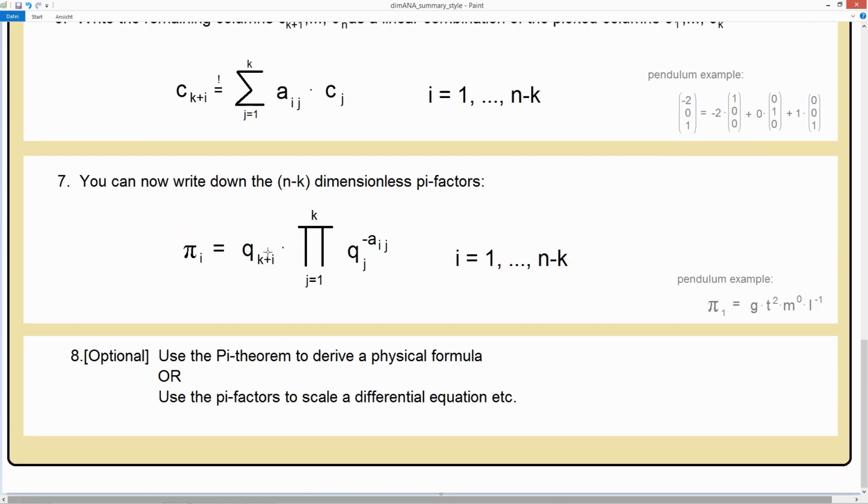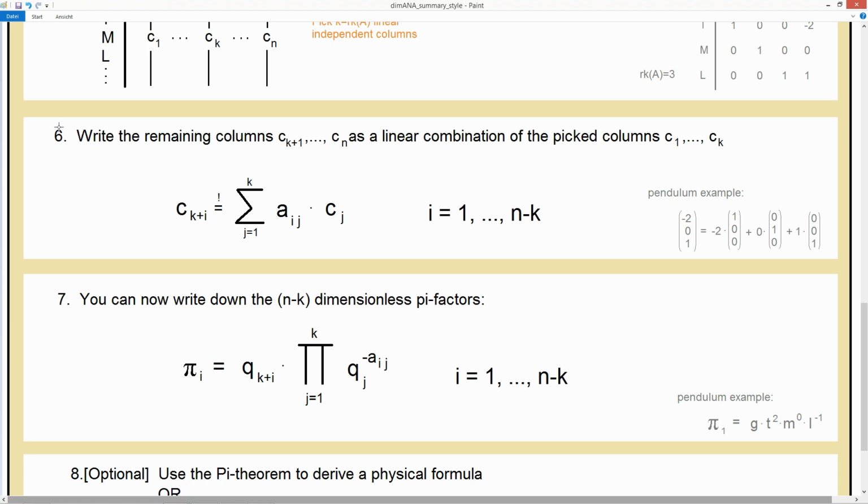So we always have a quantity that corresponds to one of the remaining columns, and then a product of the picked quantities. And we also have to raise these quantities to a particular power, and these powers are minus a_ij. So these values here we calculated in the sixth step.